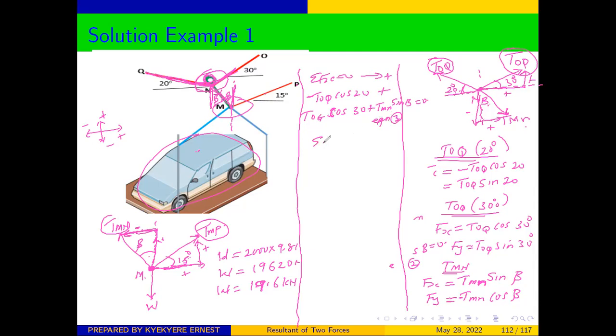And then we can also write our equilibrium equation for the y components. We are going to take our upward direction as positive.